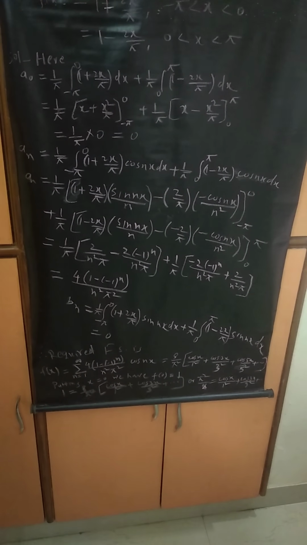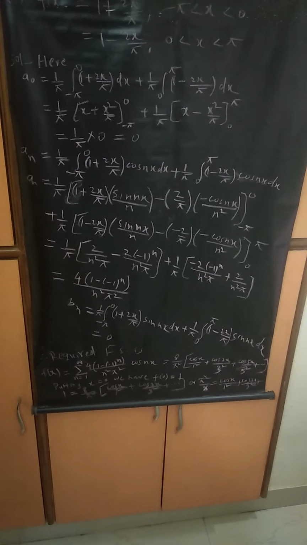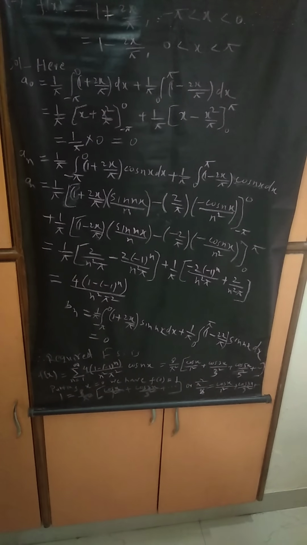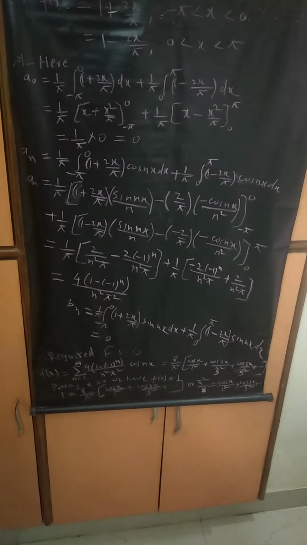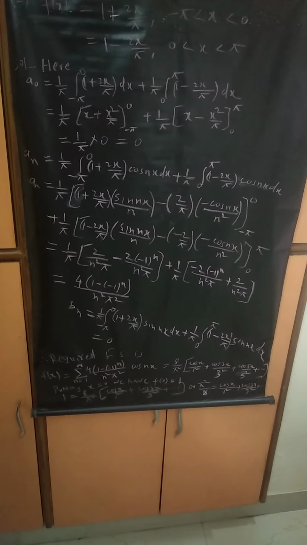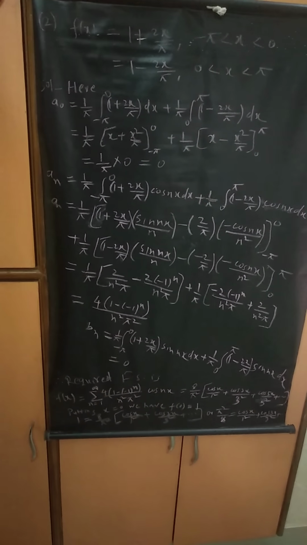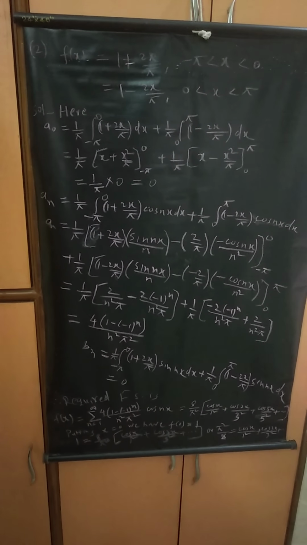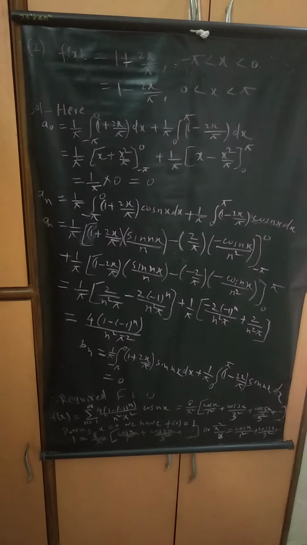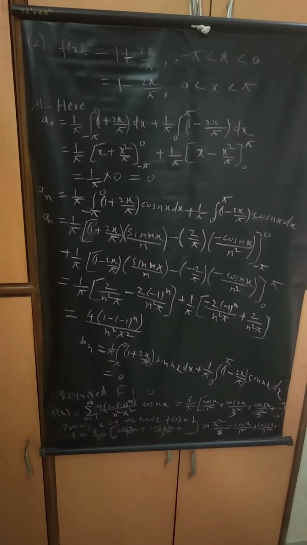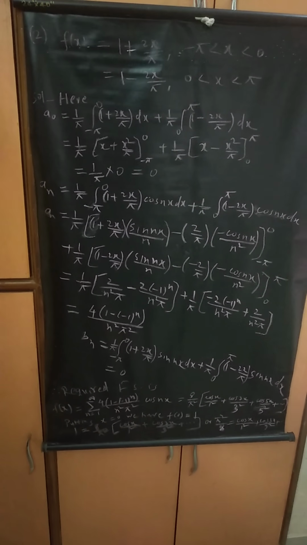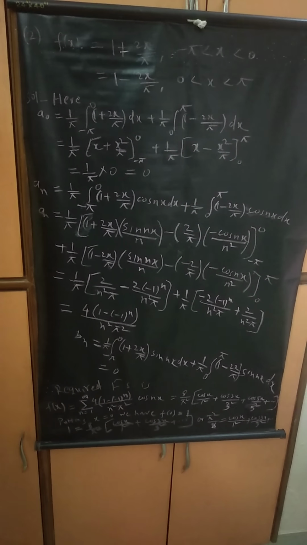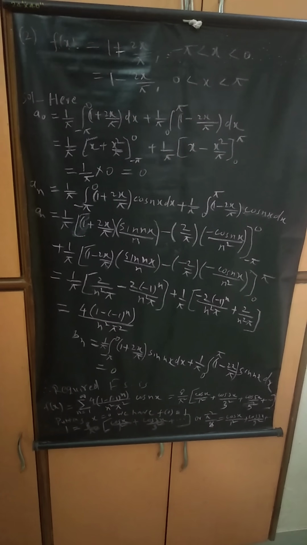Here also the Fourier constant an is given by 1 upon pi integral minus pi to pi f(x) into cos nx dx, but that minus pi to pi is divided into two subintervals, that is minus pi to 0 and 0 to pi, and therefore we write an as 1 upon pi integral minus pi to 0 of 1 plus 2x by pi cos nx dx, plus 1 upon pi integral 0 to pi of 1 minus 2x by pi cos nx dx.